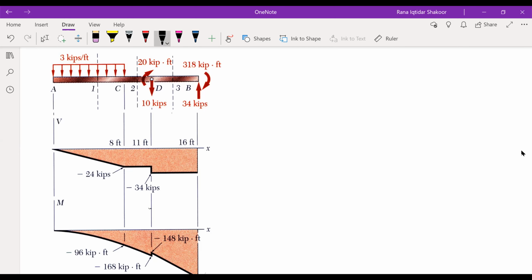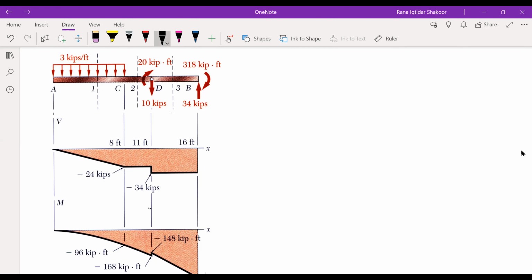This is a uniformly distributed load, and these are all creating sigmas and v's, so the normal stresses and the shear stresses, right? Shear stresses are because of these shear forces v, and the normal stress is because of the moment.